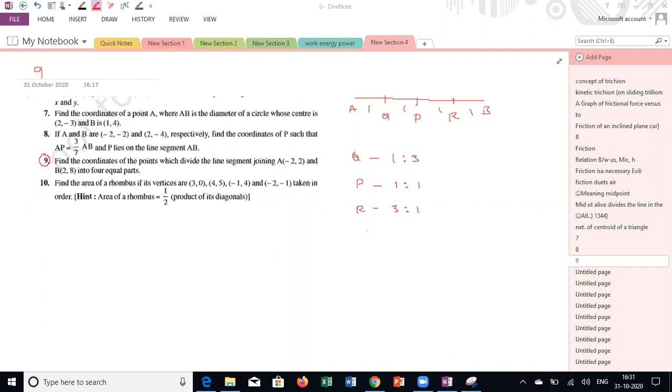P is 1, 5. Sorry. Q is how much? Q is how much? What is the Q value?